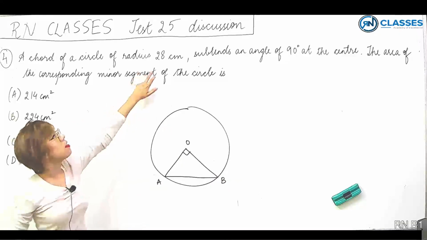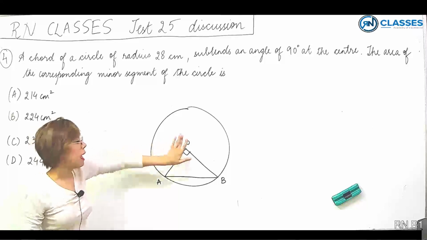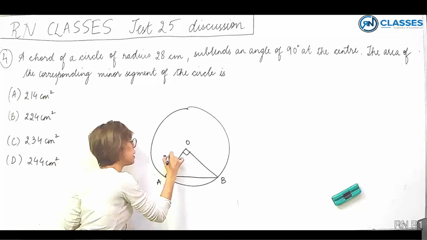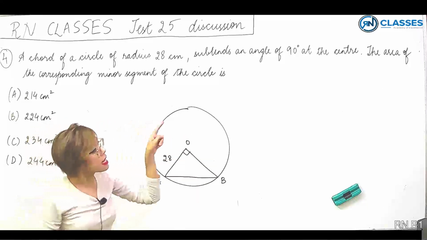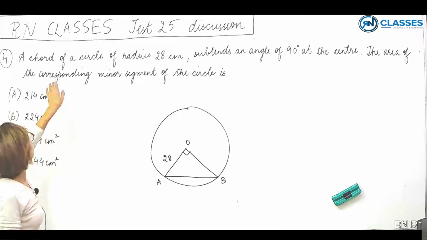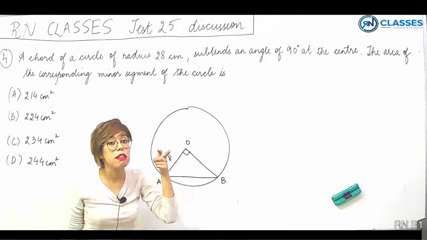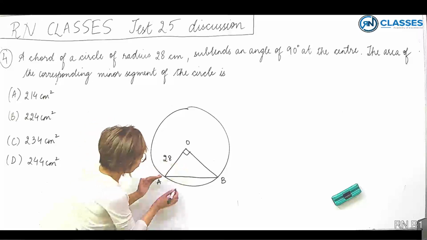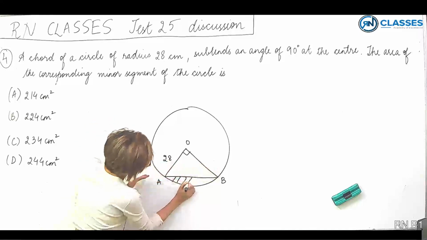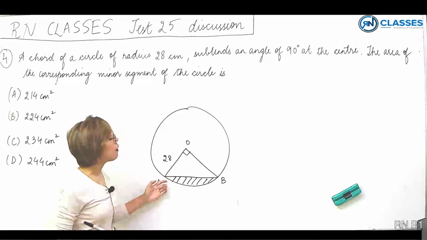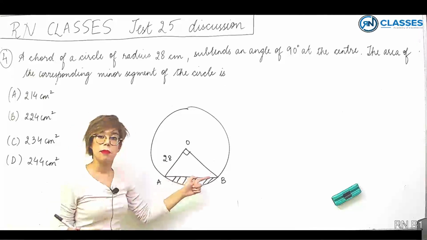Now radius is given, that is 28, so that means OA and OB each is equal to 28, right? He says find the area of the corresponding minor segment of the circle. Minor segment. Now corresponding. So corresponding minor segment would be this part. So I need to find the area of this minor segment.